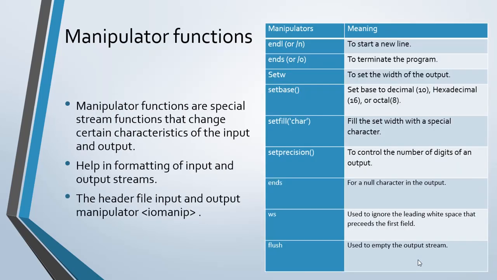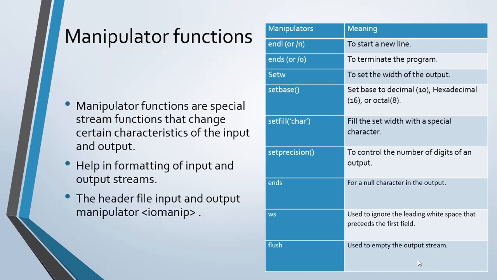Now we will step into manipulators. Manipulators are special function streams which are used to manipulate how the output looks. Manipulators such as tab or vertical tab, as we saw in the last slide, are all manipulators with which we can manipulate how the output appears.